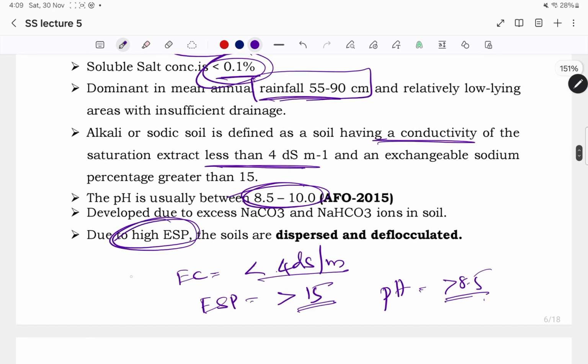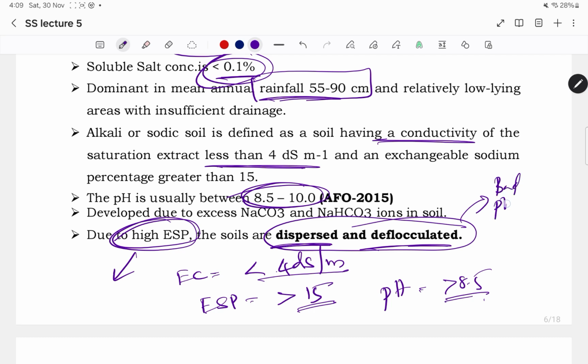Because of the high ESP, exchangeable sodium percent, soils are dispersed and deflocculated. Because of this condition, the soils are not good for cultivation, meaning soils have bad physical properties.